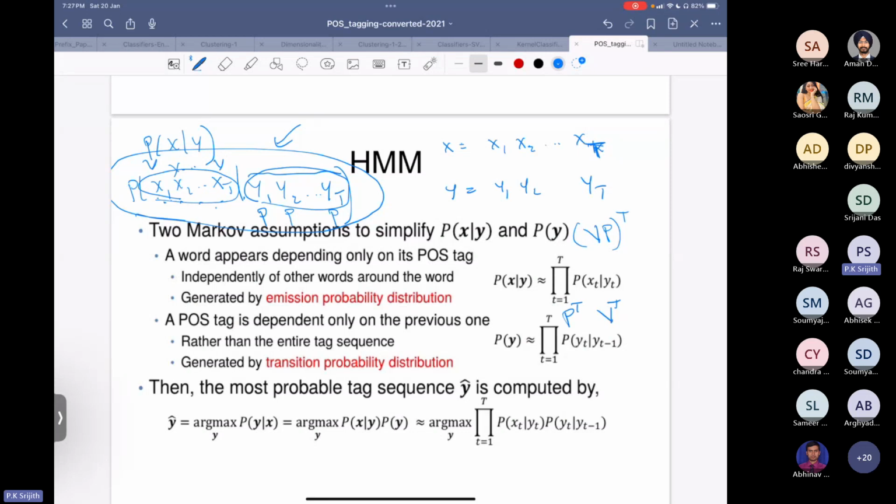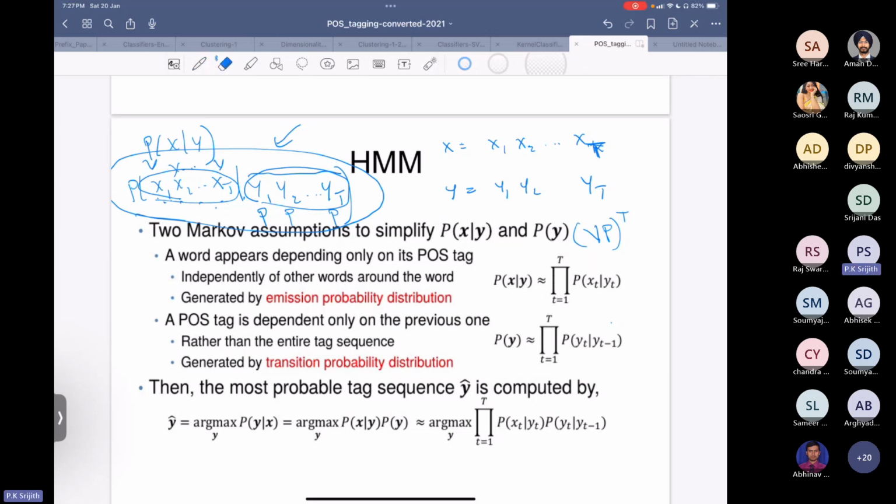So the total number of parameters you may want to estimate is p raised to t into v raised to t, which is why you said v into p, the whole raised to t. That's enormously large, and not practically possible for any problem that we want to solve.